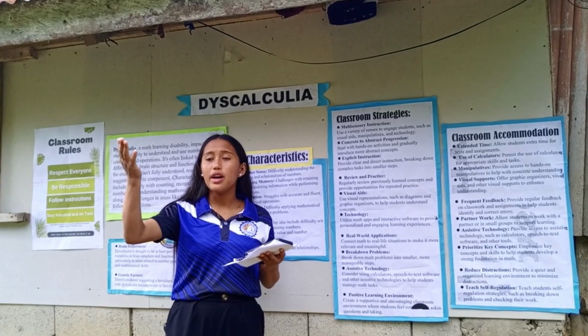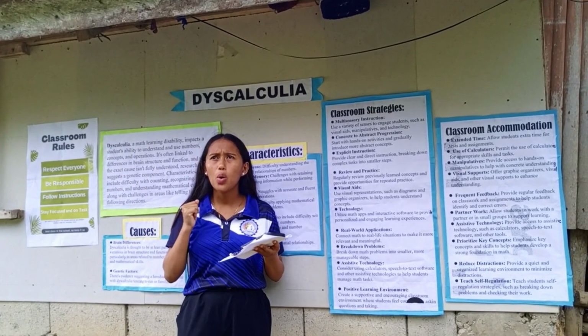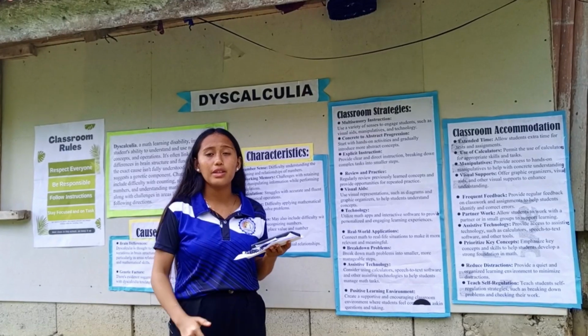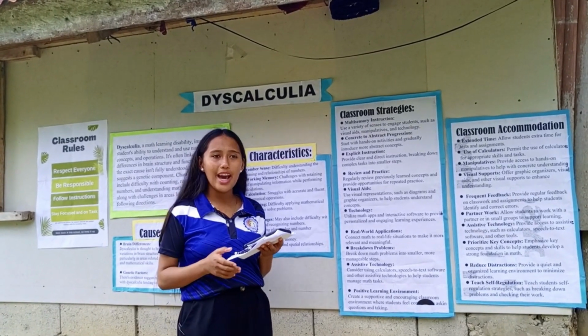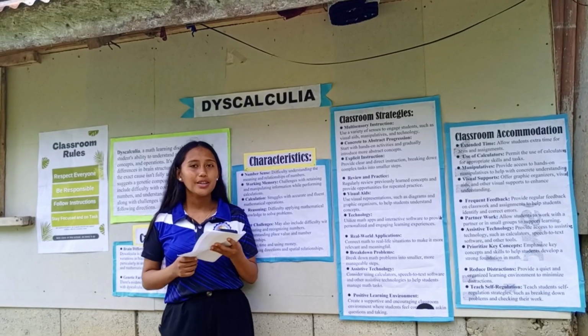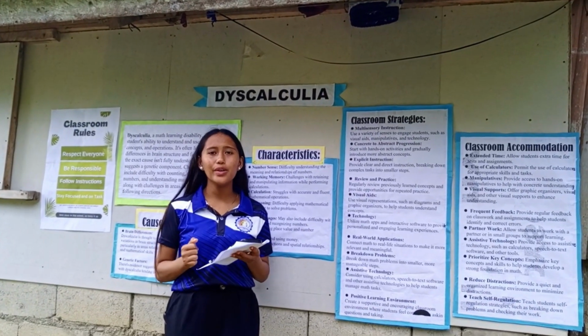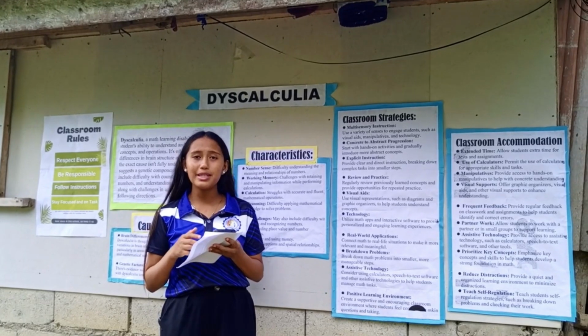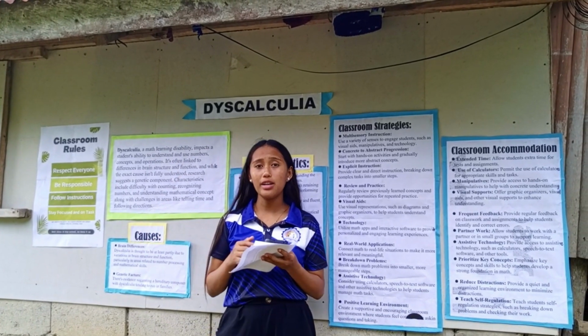Okay, Ginoong Bueno. Okay, yes. So, what do we call a person that has that kind of disability? Okay, very good, Miss Camyon. Okay, very good. It's called dyscalculia. So everyone, please read what dyscalculia is all about.